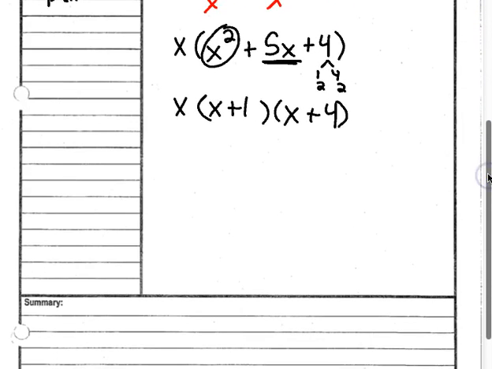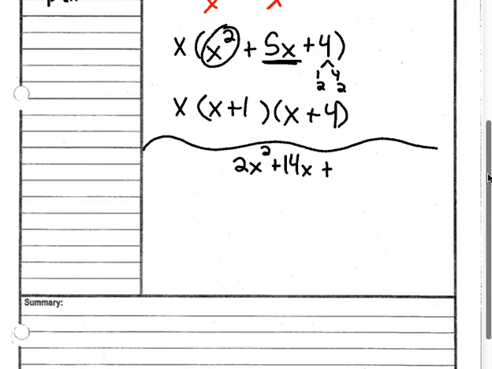So let's go through another example of this. Let's do 2x squared plus 14x plus 24. So this time I don't see an x everywhere, so I'm not worried about pulling that out. But what I do see is that every number is even.